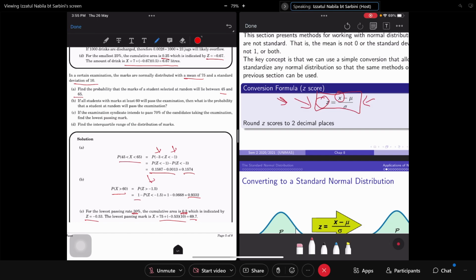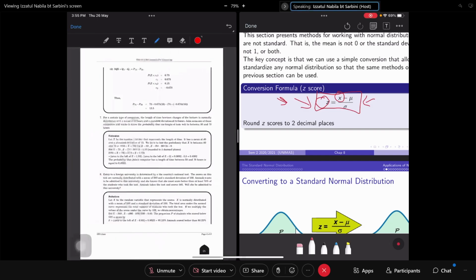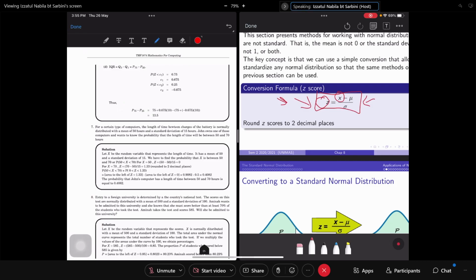Find the interquartile range of the distribution of marks. So interquartile, you know that interquartile is Q3 minus Q1, right? So it's P75 minus P25. So for P75, the area is 0.75. You refer to the table, and the Z value is 0.675. And for P25, which is 0.25, look at the body of the table and find the value for Z score, which is negative 0.675.